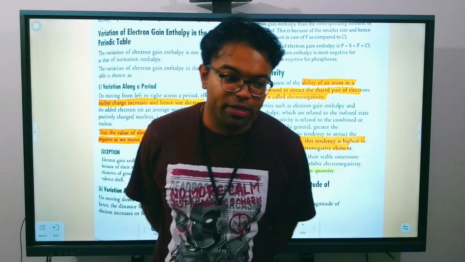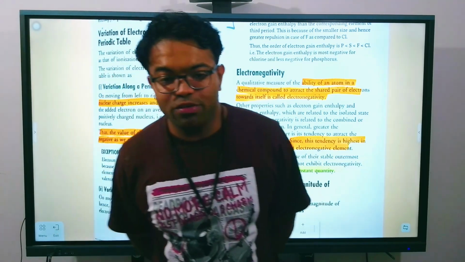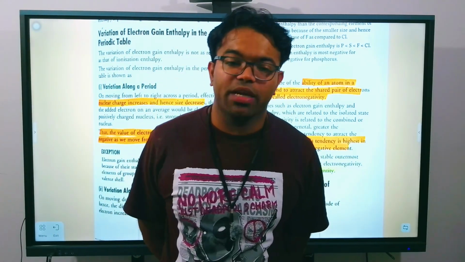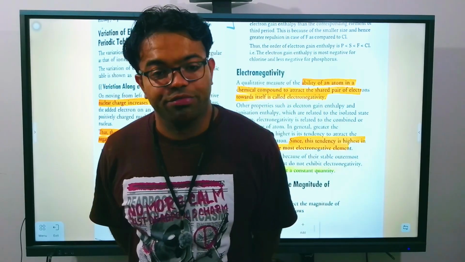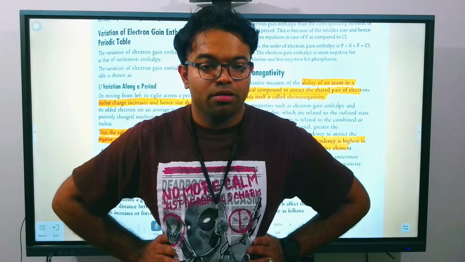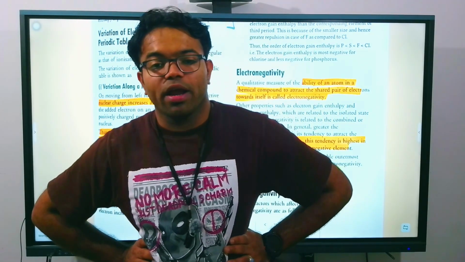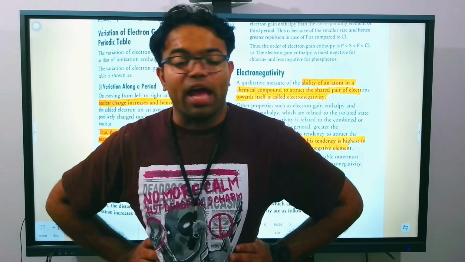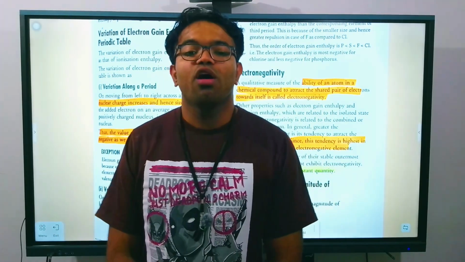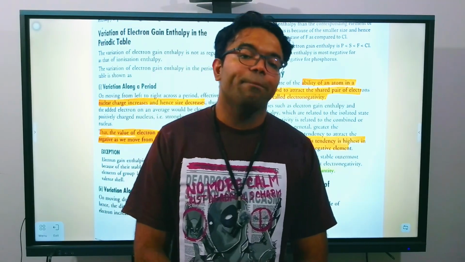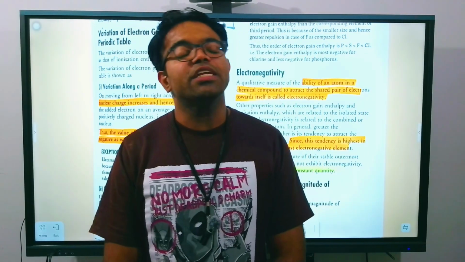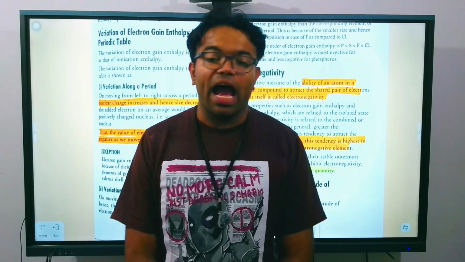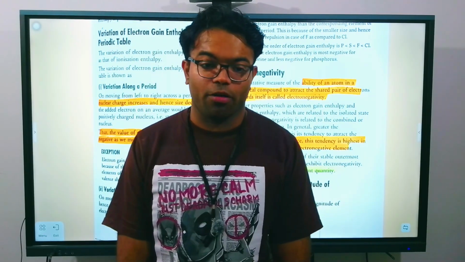And what about ionization enthalpy? As we go from left to right across a period, the ionization enthalpy becomes more and more positive. Understood? More and more energy is required to remove an electron as we go from left to right across a period, but more and more energy is released as we go from left to right across a period as we try to add an electron.